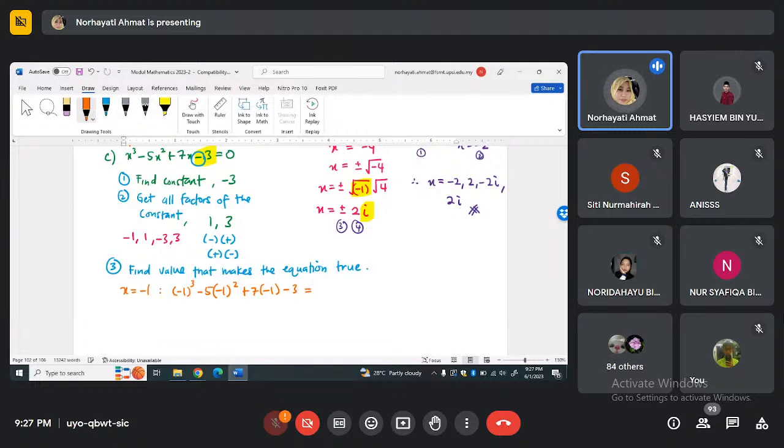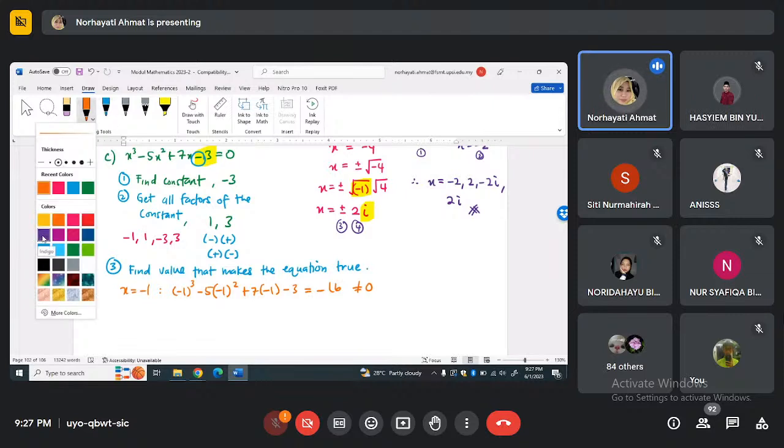Okay, please calculate, class. So what do you get? Negative 16. Negative 16. Good. Negative 16 is not equal to 0. Means negative 1 is not the root for this polynomial.